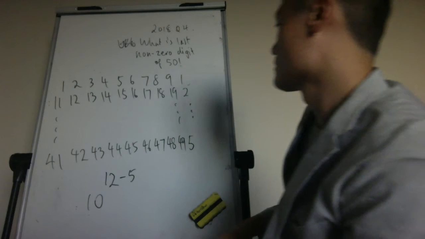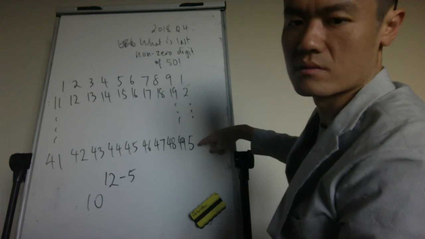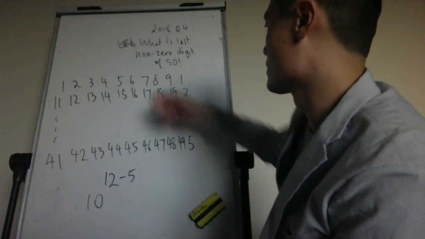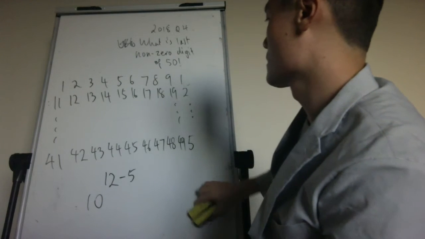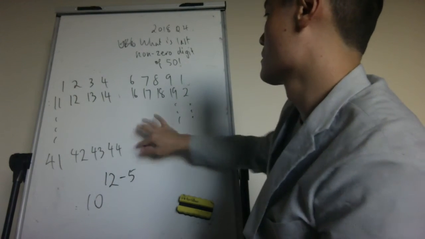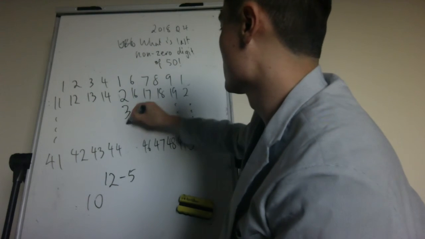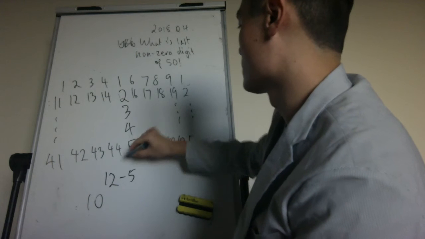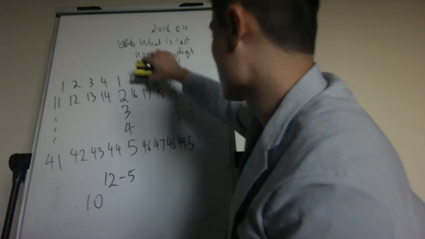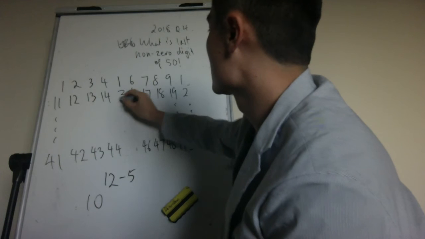Now these are just 1, 2, up to 5, which makes another 5. Then you get rid of these 5's, and you get 1, 3, 5, 7, 9.